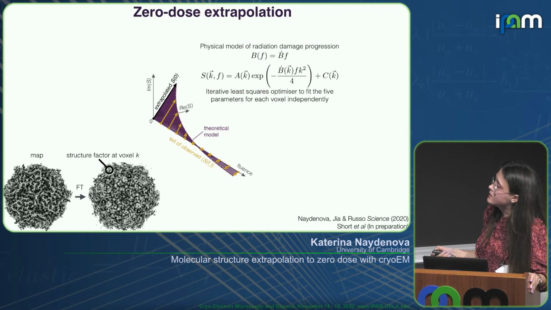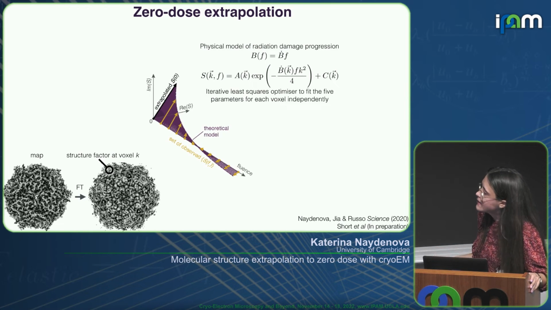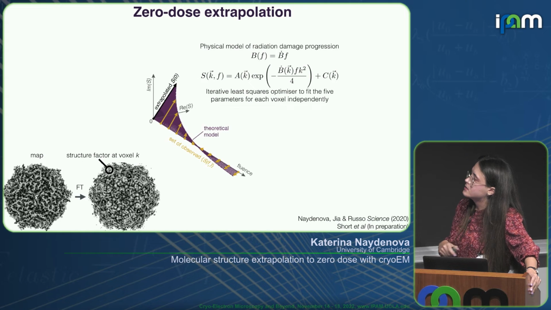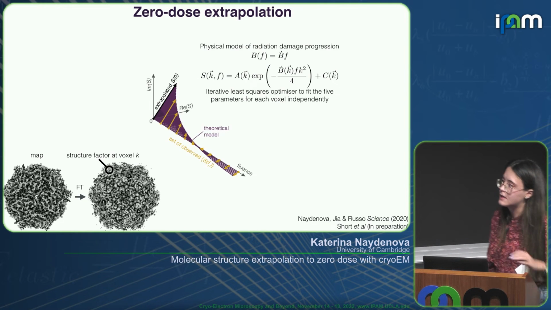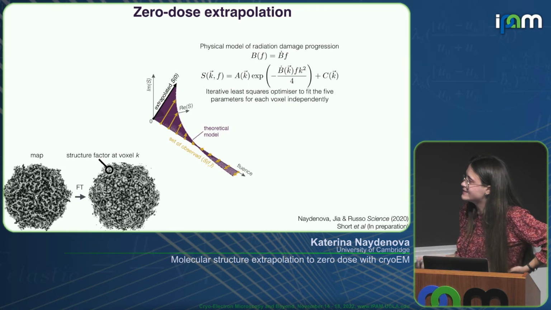And then this affects the structure factor exponentially. The resolution comes here as k squared. And then there's two more complex numbers, the prefactor in front of the exponent, and some constant offset, which basically accounts for the fact that even if you damage your structure to infinity, it will not just disappear, it will become some Gaussian blob of material.